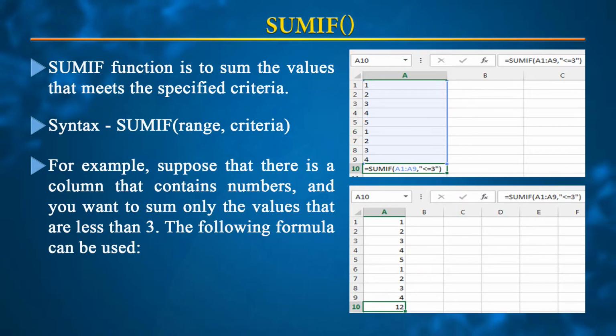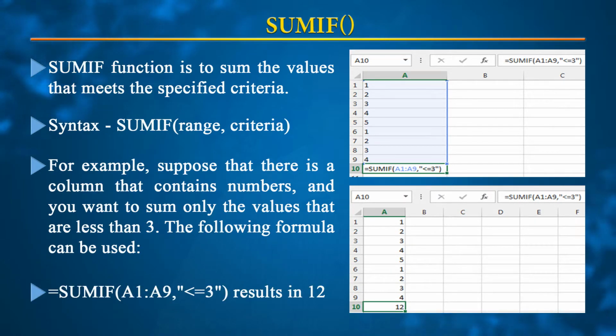Then the formula will be written as =SUMIF, and in the parentheses you pass the range A1:A9, comma, and the criteria within quotes, less than or equal to 3. If the range A1 to A9 has the values 1, 2, 3, 4, 5 and 1, 2, 3, 4, and I use this formula, it will automatically add up the values that meet the criteria and return a result of 12.